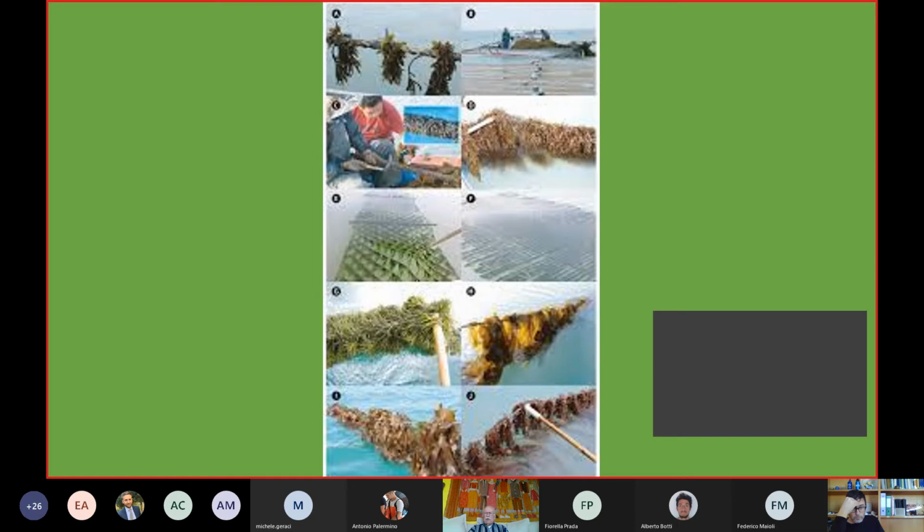For example, in Japan, 60 different seaweed species are eaten. So this is a hundreds or maybe thousands of years tradition, especially in Japan, as you know, an island nation, and that was the tradition there.